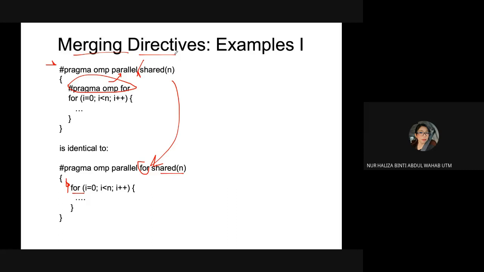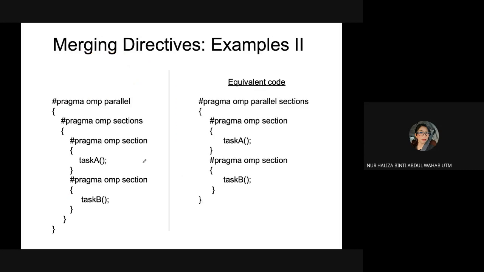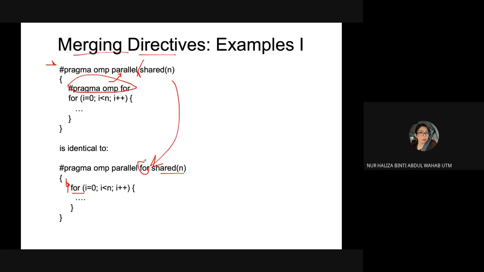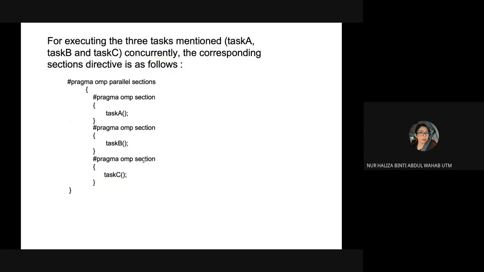Another one is section, parallel sections. So this is another example of parallel sections. Same goes as what we already saw here. When we have several sections, you can see you have a pragma omp parallel sections, and then you have child 1, child 2, child 3. This one is the parent. So you can combine all these sections together with your parallel.